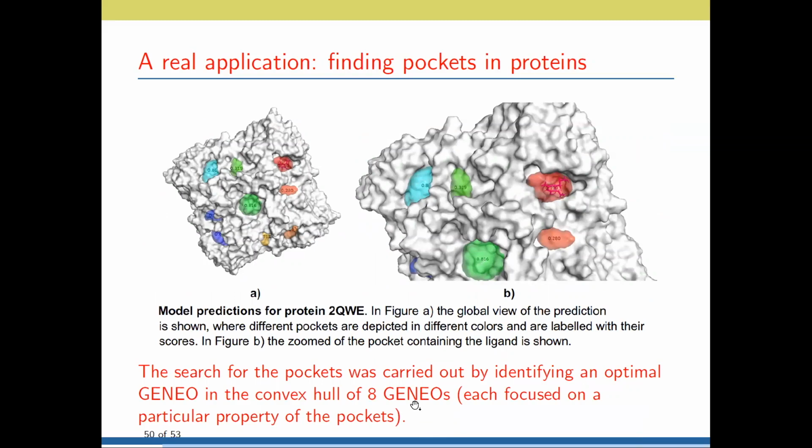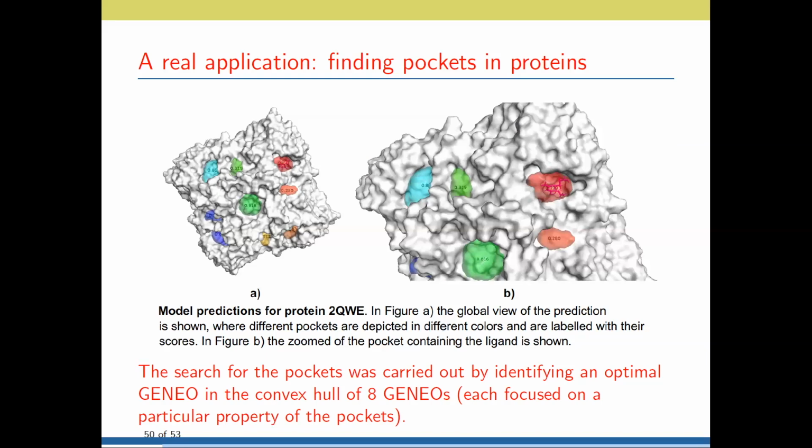What is a pocket? It is a place, a cavity, where some ligand, some drug can join the protein in order to change the action of the protein. And this is important for developing drugs. If you look carefully, you can see numbers in each colored pocket. It is the level of confidence that it is indeed a pocket where a ligand can join the protein.